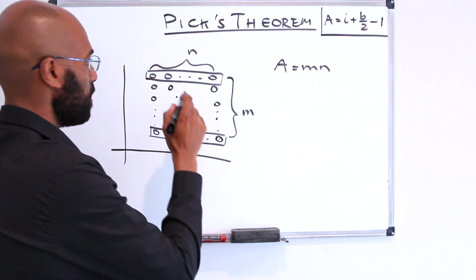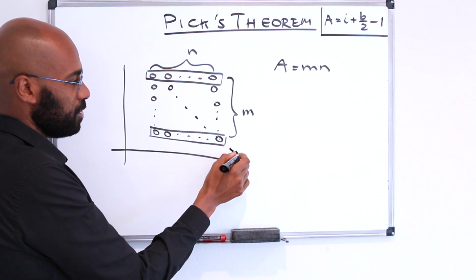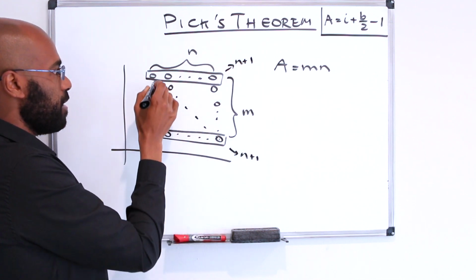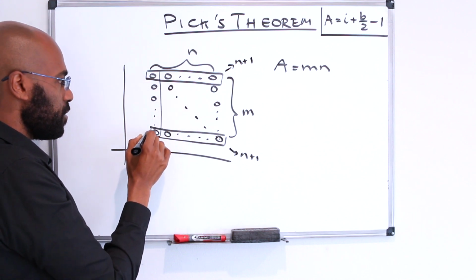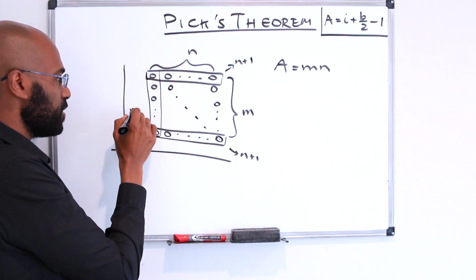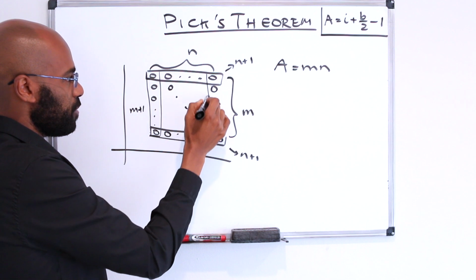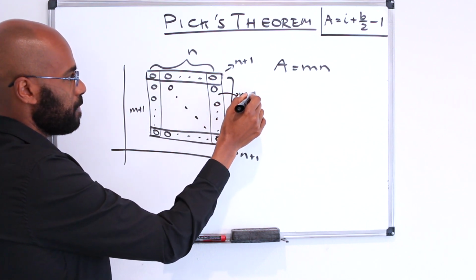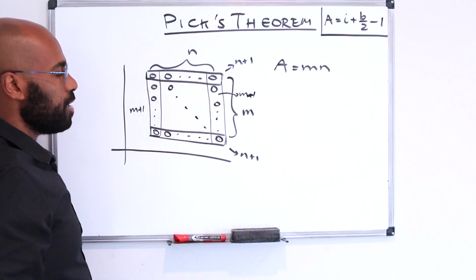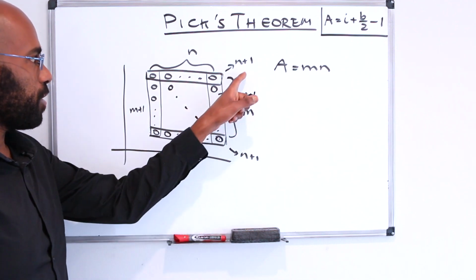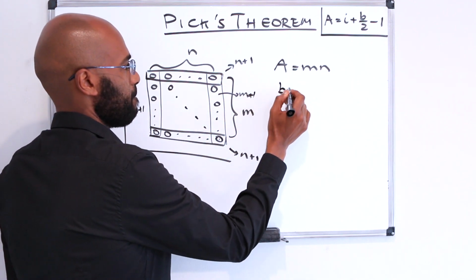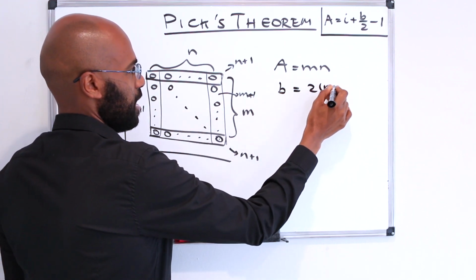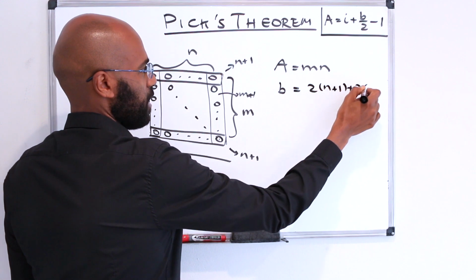So actually, the number of boundary points in the rectangle is n plus 1. Okay, and then similarly, here we'll have n plus 1 boundary points, and then here we'll have m plus 1 boundary points, and here m plus 1 boundary points as well. So the number of boundary points is the sum of these 4 numbers, which is twice n plus 1 plus twice m plus 1.